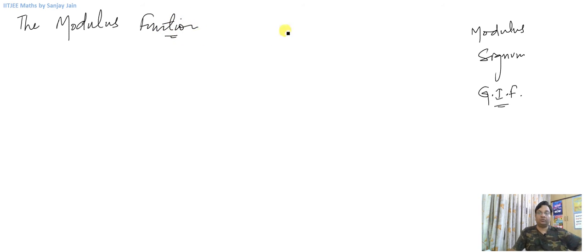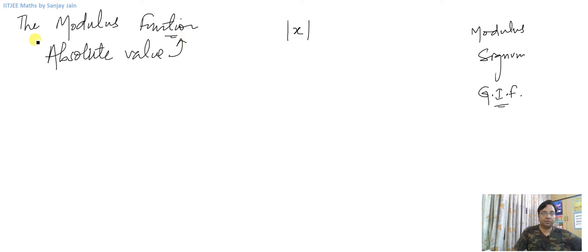I hope you know by now what is modulus. So mod of something is denoted by this, for example, mod of x. It is also known as absolute value function, right? The modulus function is also known as absolute value function.